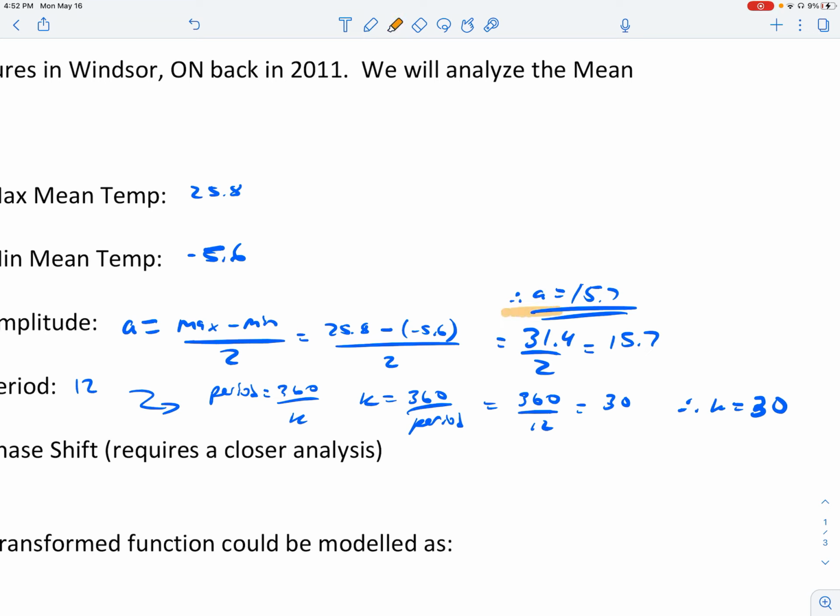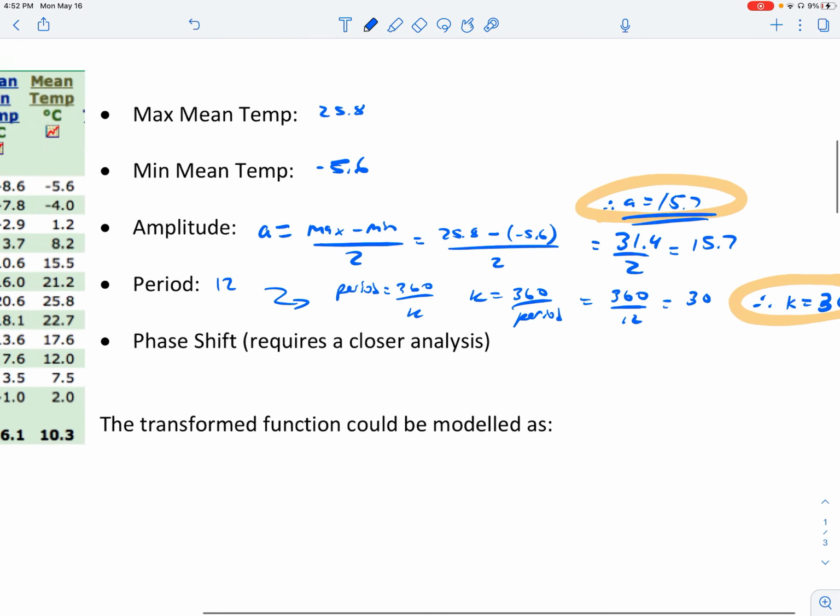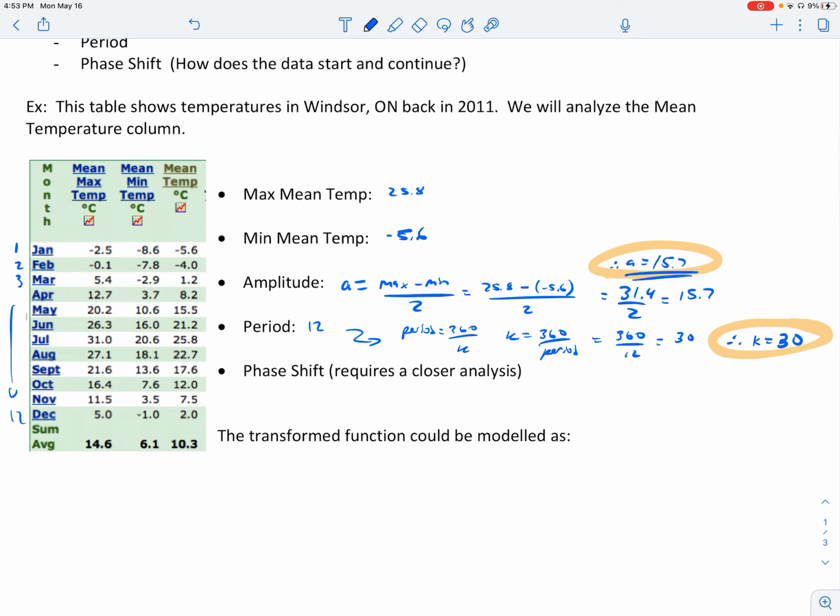So I'm just going to highlight a couple of these things here. There's A, there's K. All right, and probably would help if we determine maybe the phase shift. So it's a little bit hard to do though.